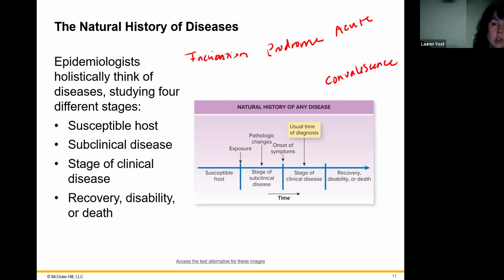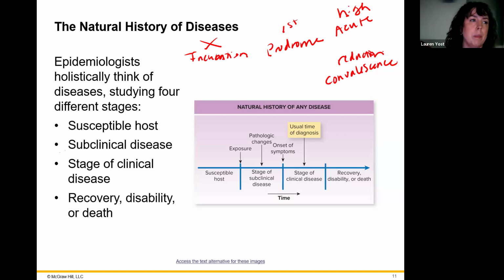So remember, this is going to be no symptoms at all, first symptoms, high symptoms, like the worst of it, and then this is reduction, right? So we talked about that as being the course of basically an infection, how it's presented in people.